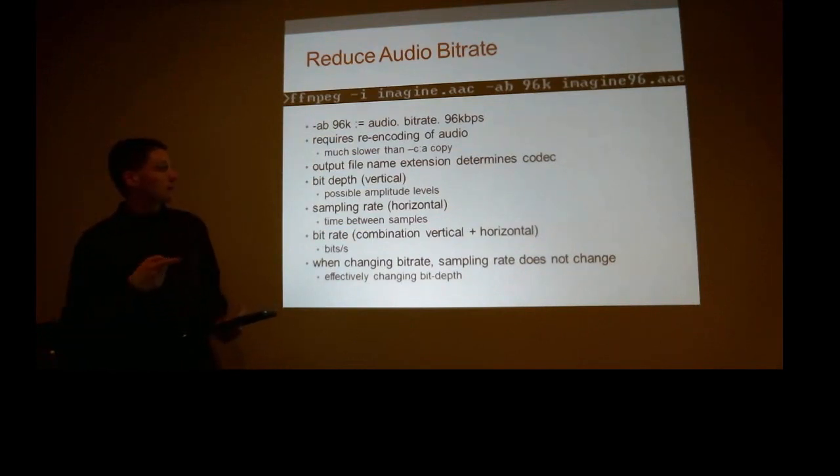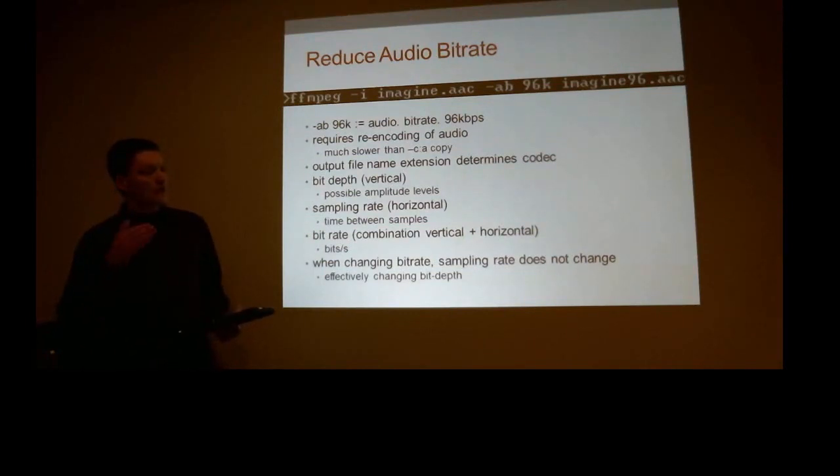Why that's relevant is because there's a couple different ways that you can specify numbers to FFmpeg. A lowercase k means bits per second. An uppercase K or uppercase M means bytes. And then you can also slip in an i, which means use 1024 instead of 1000.